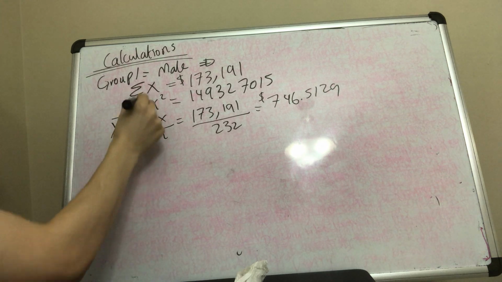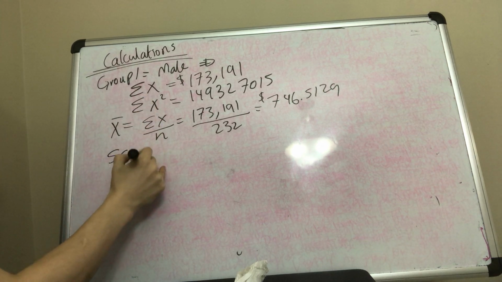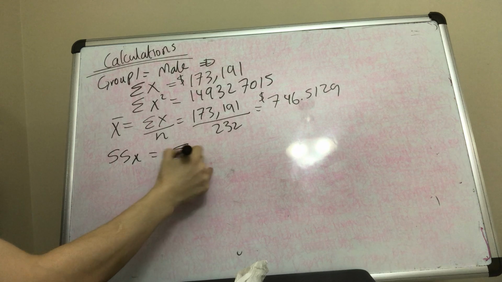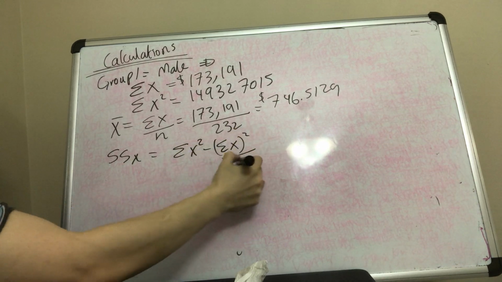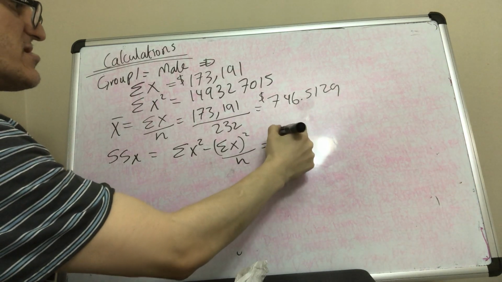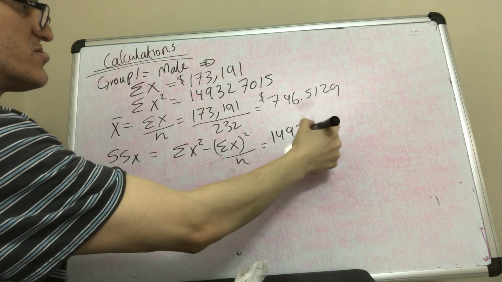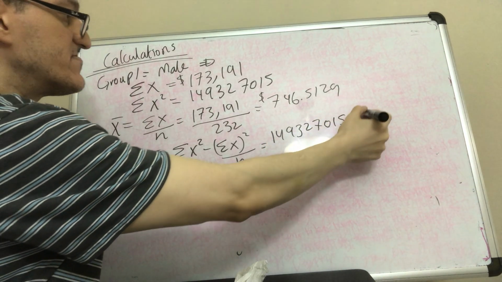And if you do the standard deviation, we need to do the total variations first. So this number is 149327015.